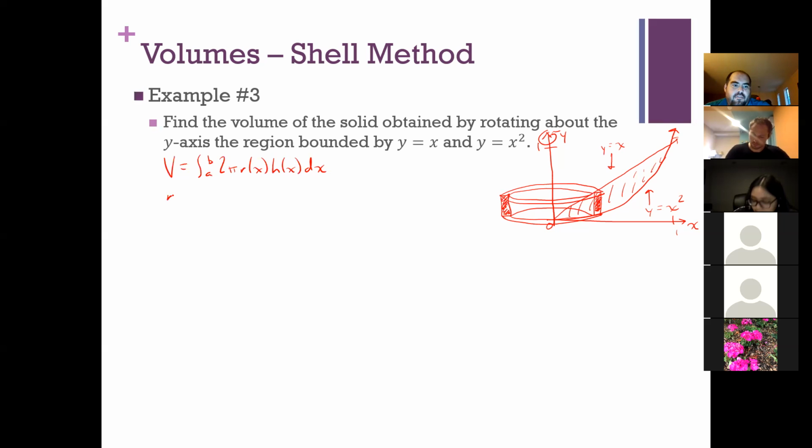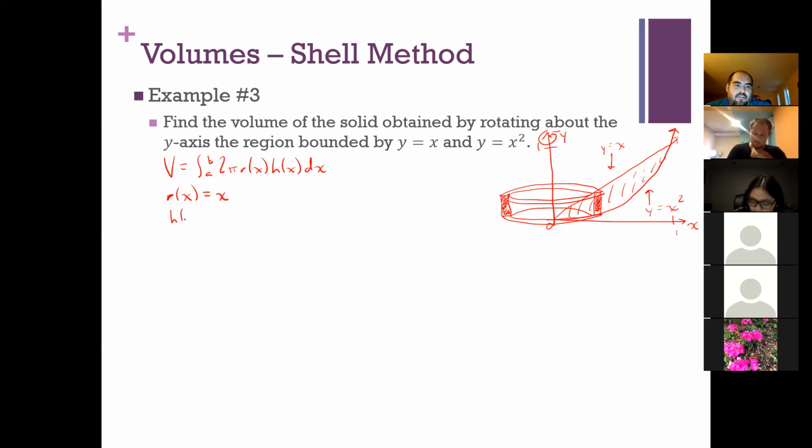In this case, the radius should be something familiar to you. I mean, we're still using the y-axis as our axis of rotation, so that's still going to be x. But the height's going to be a little more involved this time.